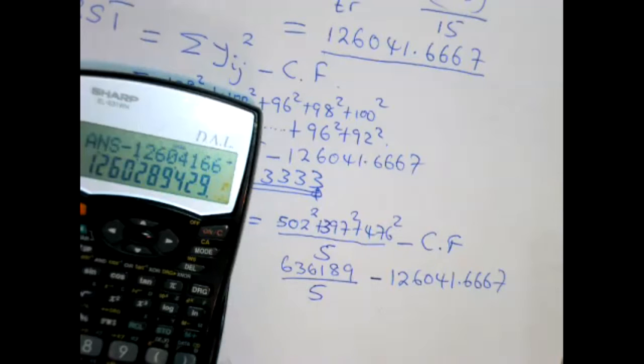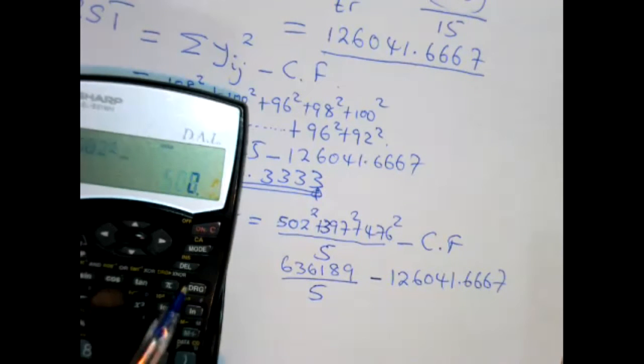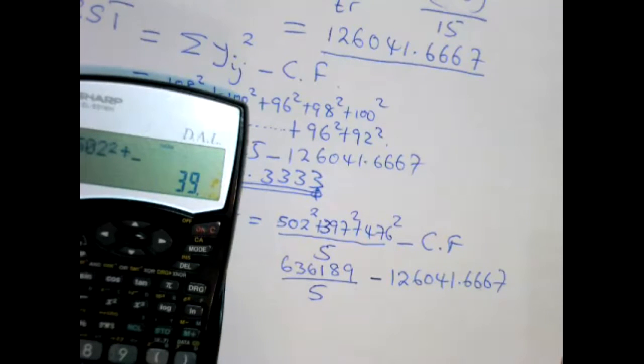Something is not okay here. 636189, something is fishy. 502 squared plus 397 squared plus 476 squared, which is 636189, and we divide that by 5.